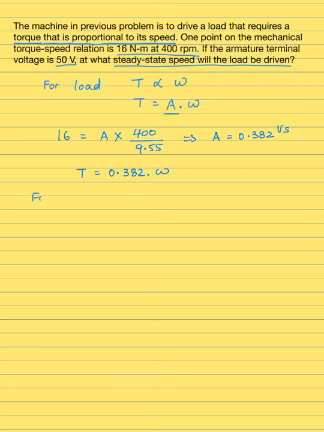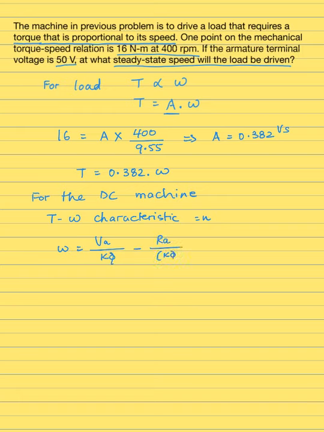Now for the DC machine, we have the torque speed relationship, or characteristic equation, given as omega equals VA divided by K phi minus RA divided by K phi squared multiplied by torque.